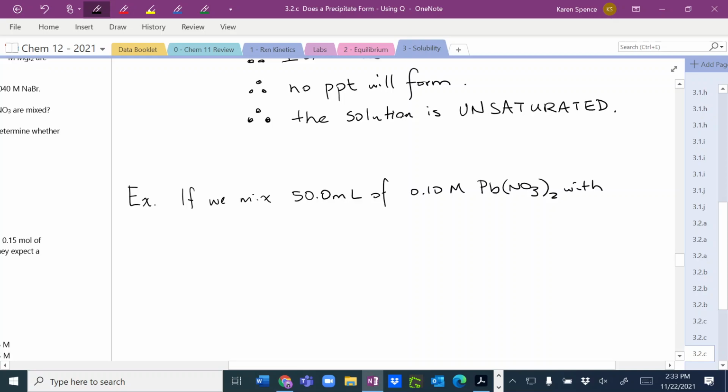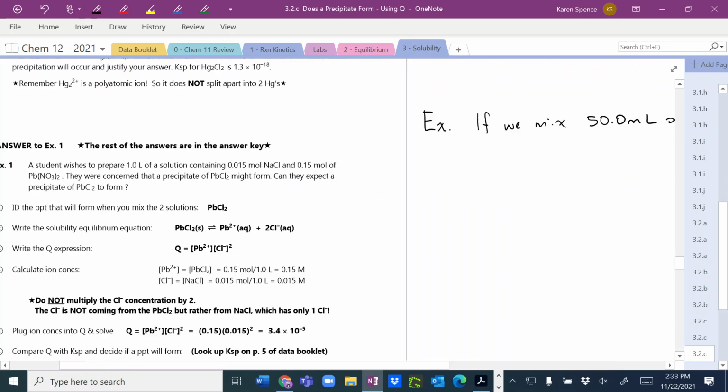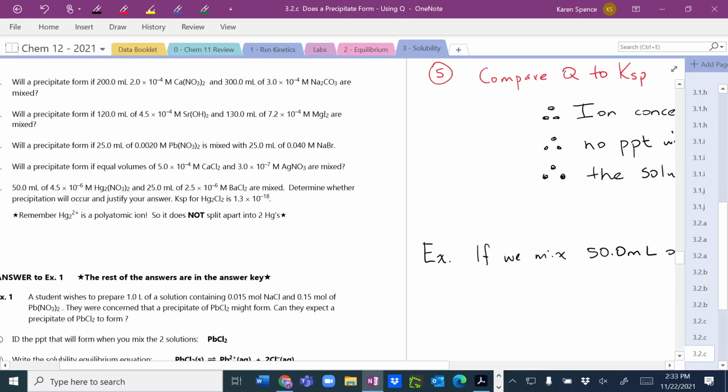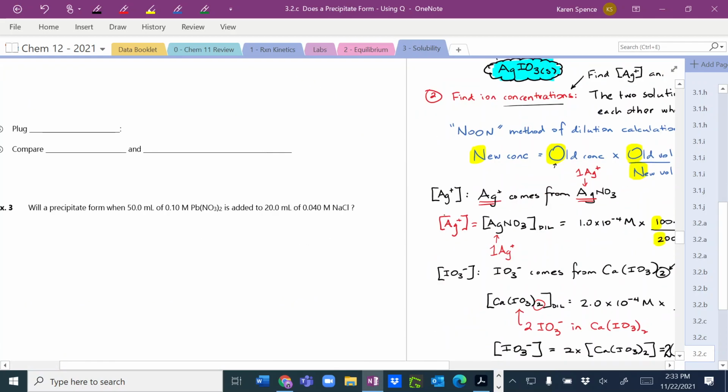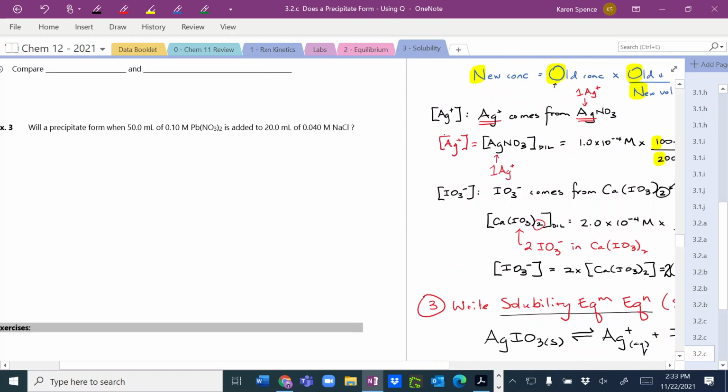Oh, it does not want to move. Now it's moving too much. What is wrong with this thing? Okay, there we go. 20 milliliters of 0.04. Okay.